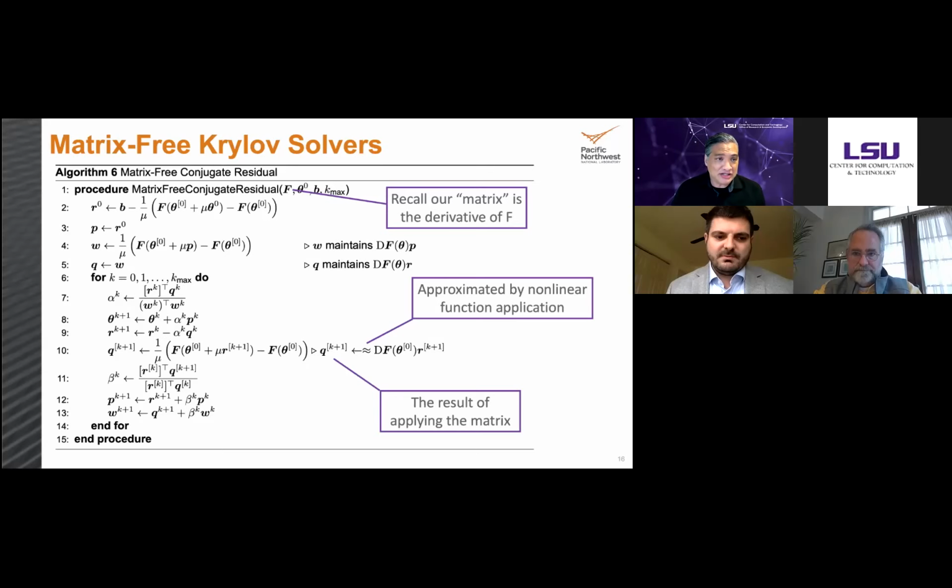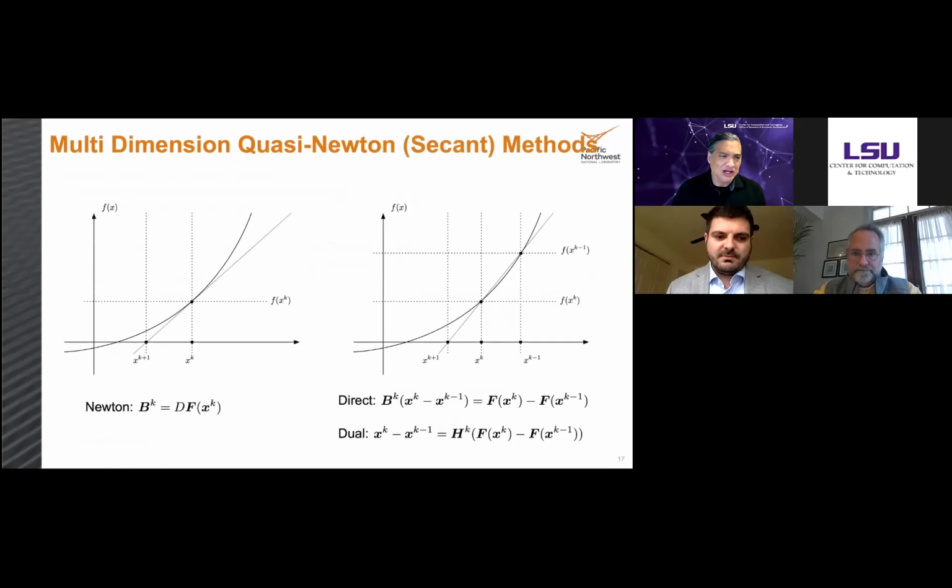Now, the second class of second order methods, instead of inexact Newton, are sometimes called quasi-Newton or secant methods. The idea here we can motivate from the one-dimensional case. The idea with Newton's method is we're approximating the function that we're trying to solve by linearizing it at a certain point and assuming that that linearization will take us to the exact solution.